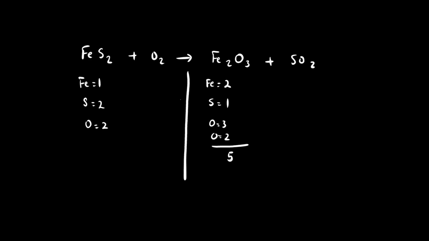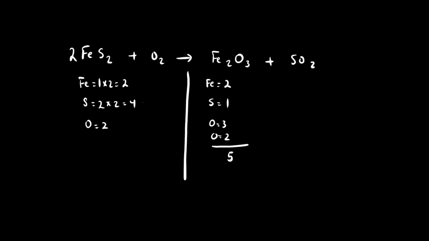Let's start by balancing the iron first. Least common multiple of 1 and 2 is 2, so we need a coefficient of 2 in front of the iron disulfide. So now we have 2 iron on the left and 4 sulfur on the left.